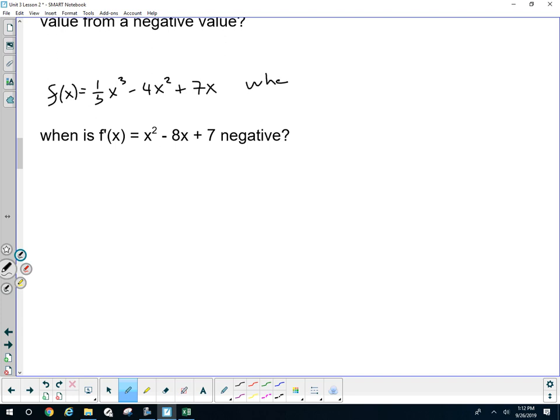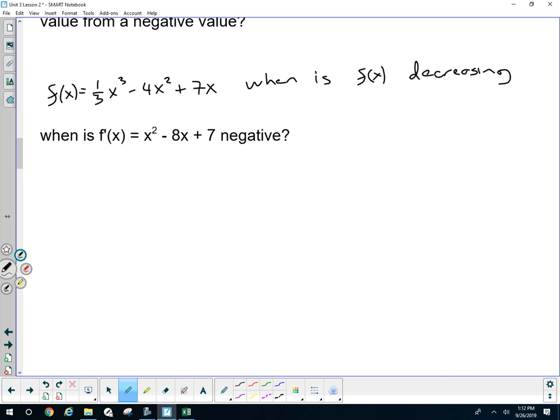I'm going to ask the question, when is f of x decreasing? Don't take up all the space, though. We're going to need some space. So write it next to the question that you have, because I can give you some space. Okay? If f of x equals 1/3 x cubed minus 4x squared plus 7x, when is f of x decreasing?